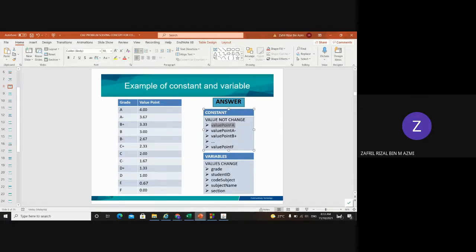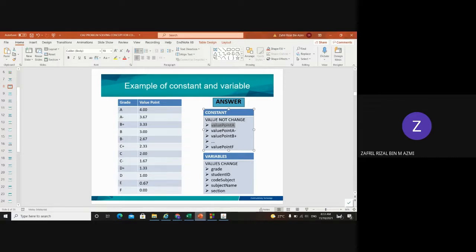Because if you get grade A, your value point A is always equal to 4.0. Value point A cannot be 3.67 or 3.33; it is always 4.0.